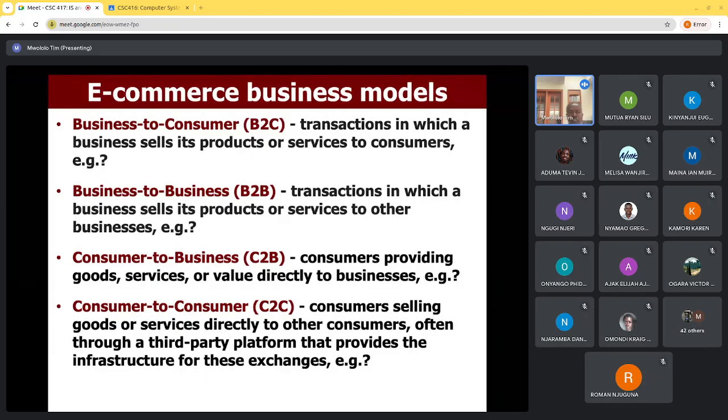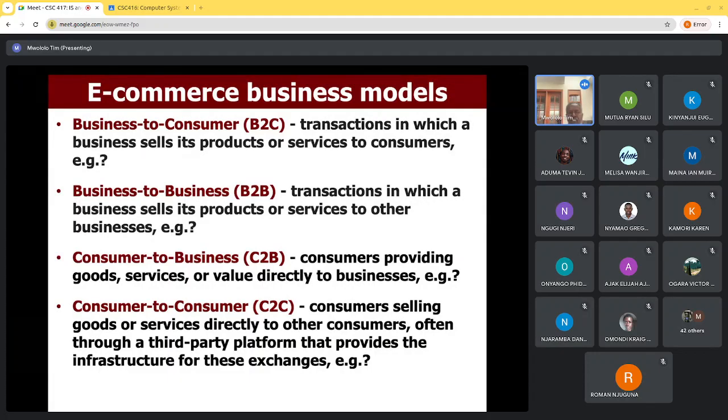You could be selling your products or services to businesses, which in turn sell to consumers. But you can also have a separate arrangement where consumers can buy directly from you, in which case you are operating both business models.